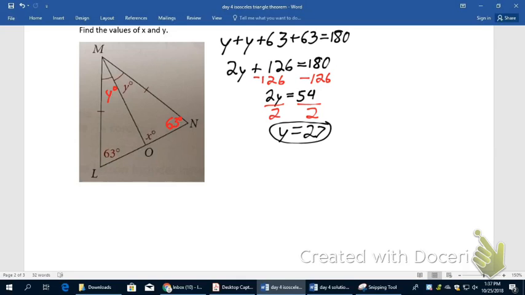Now to find x. Whenever I find a value for y like that, I would probably just pencil it into the problem, just like this. And now I can actually focus on this right triangle right there, MON, to find x. What I'm going to know is that x plus 27 plus 63 adds up to 180.